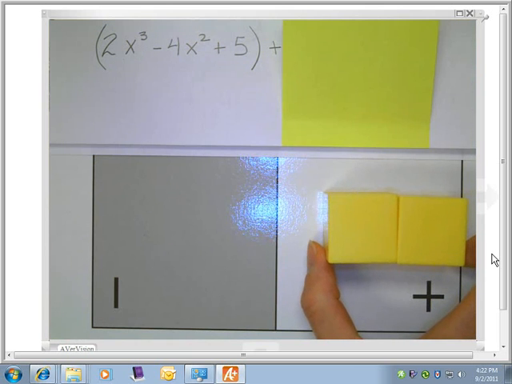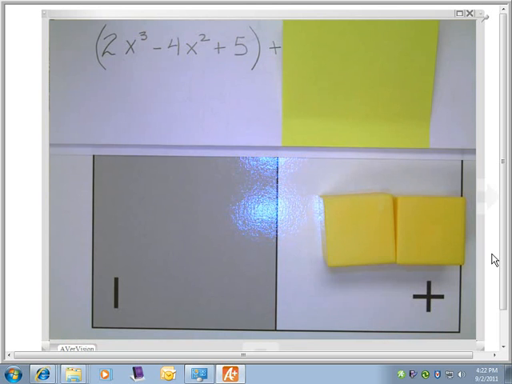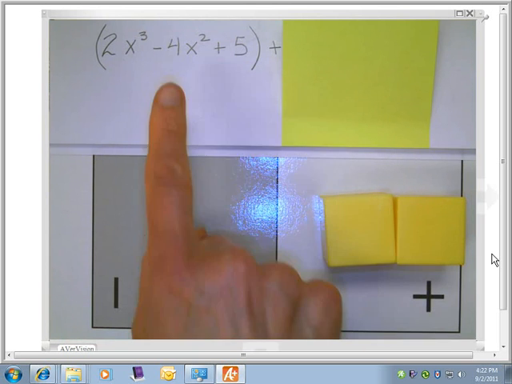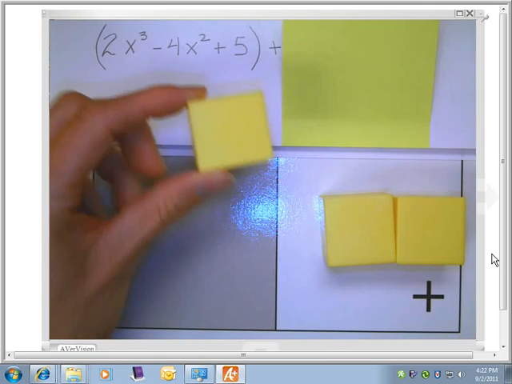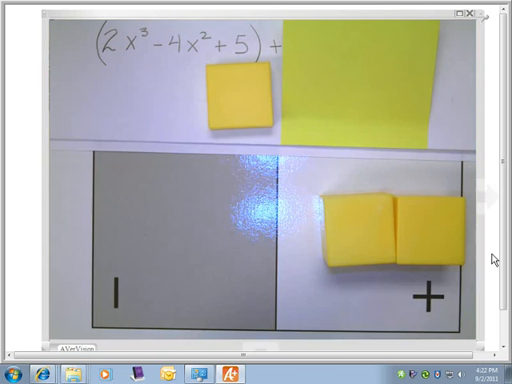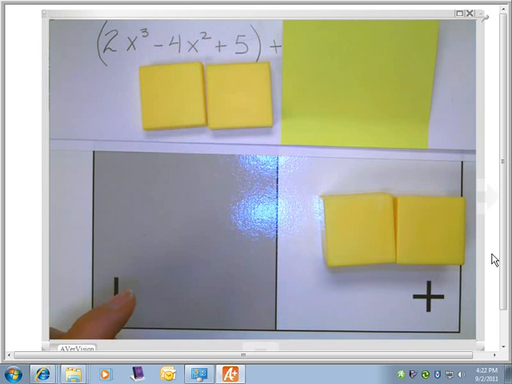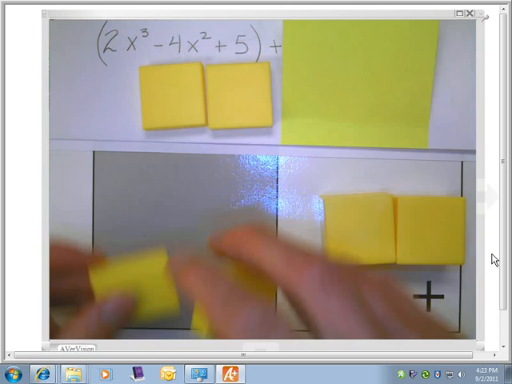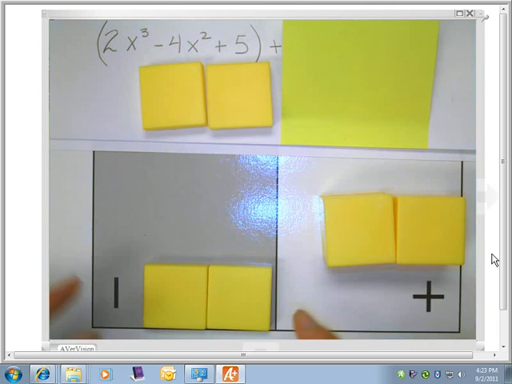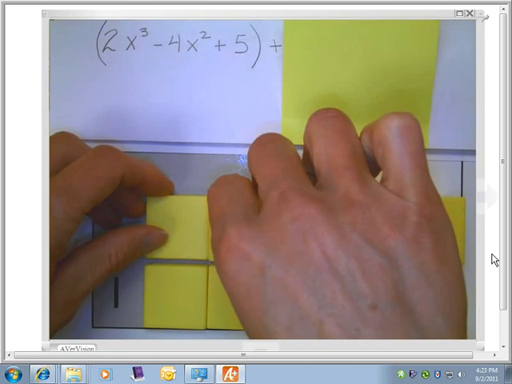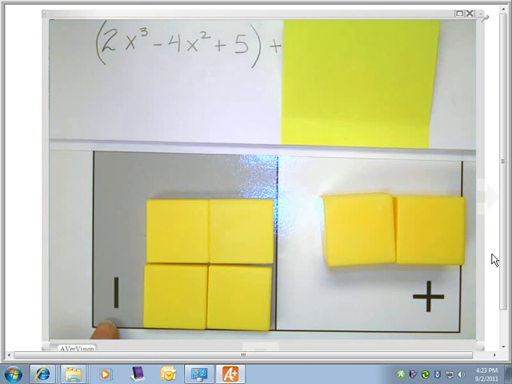Okay. Now I have negative 4x squared. Well, if we recall, this is an x squared. And how many of those do I have? Well, I have negative 4 of them. So here are 4x squared, but if I put them down in this part of the mat, I'm saying that they're negative.